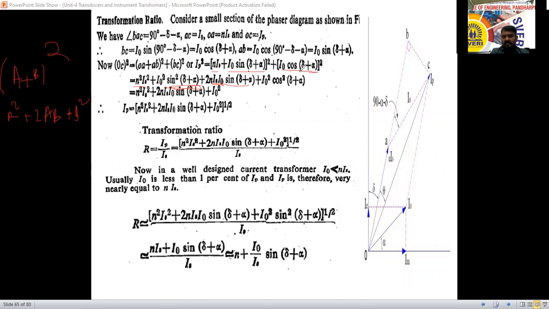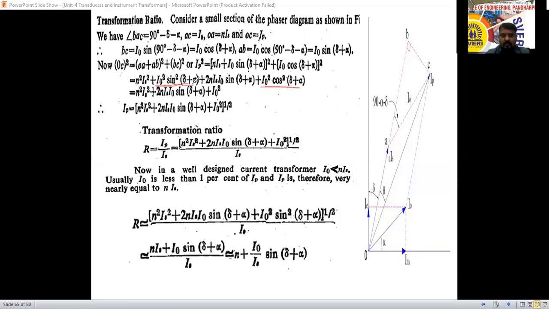Here there is no A plus B and all. So I naught square cos square delta plus alpha we have considered here. So from this equation, N square I square I will write as it is here now, and 2NS I naught sine delta I will write as it is here now. What can we take common here? These two only.